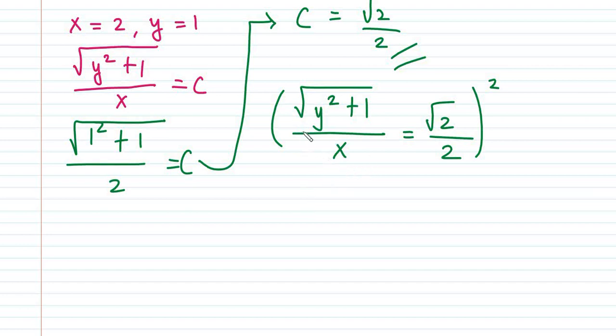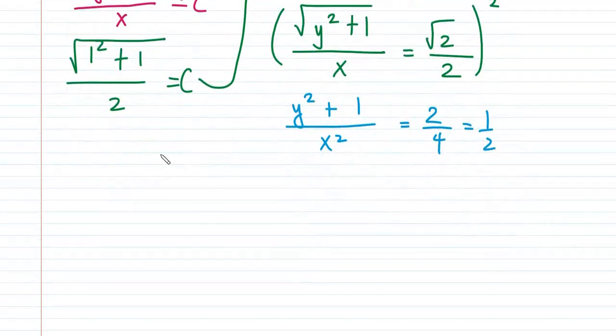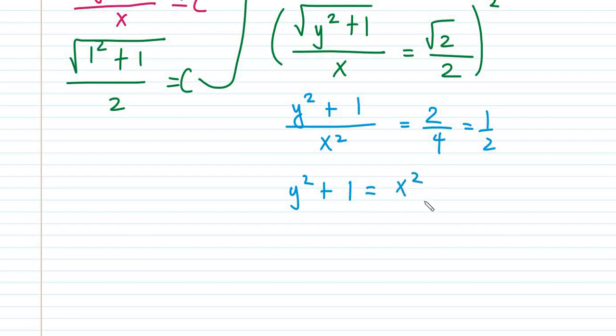So we go back here, we square both sides. We now have y squared plus 1 over x squared is equal to 2 over 4 or 1/2. Let's cross multiply. We now have y squared, because we want to solve for y squared. So let's just cross multiply x squared. Y squared plus 1 is equal to x squared over 2.